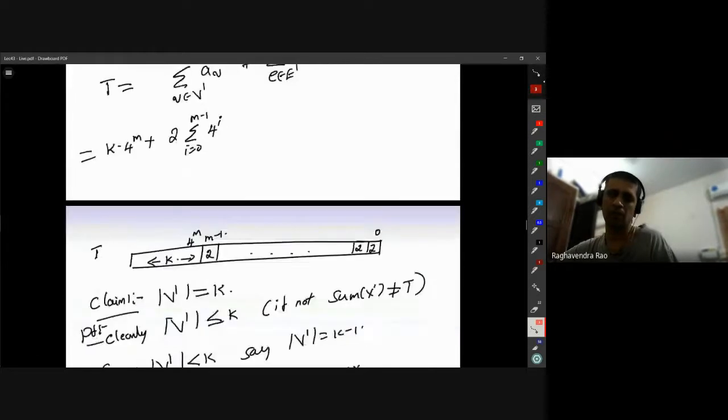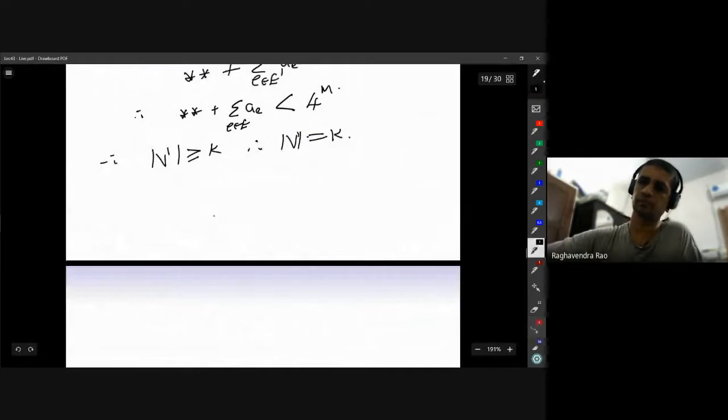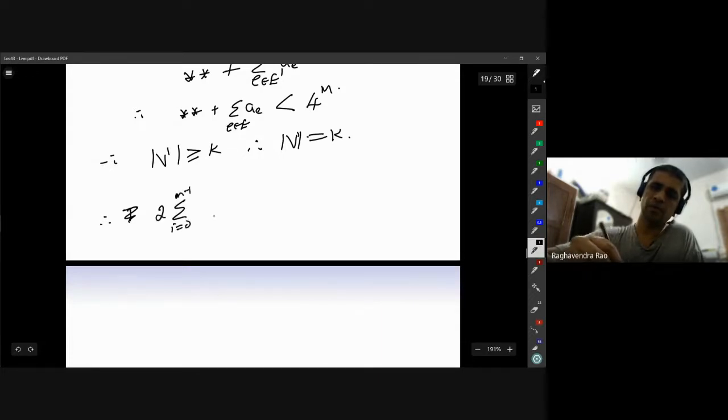Okay, so therefore, let's write it explicitly: t is k into 2 into the summation over i equal to 0 to m minus 1 of 4 power i, equal to star star plus the summation over e in E prime of 4 power e.